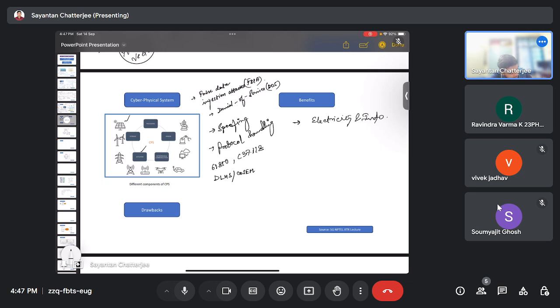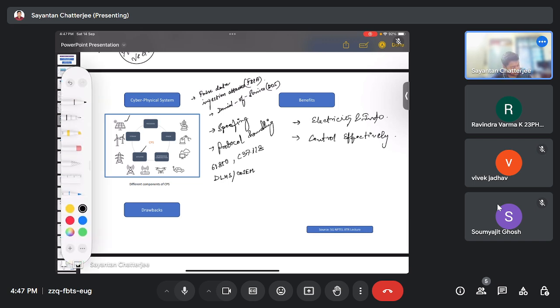Also we have control, means when we can design the control system, we can design the control system more effectively, right?